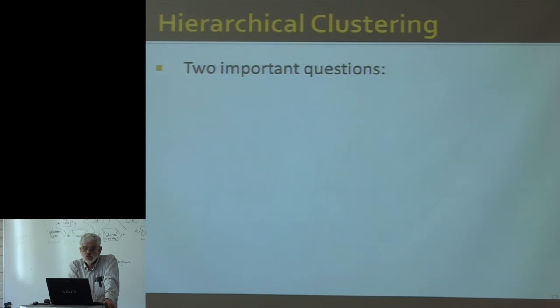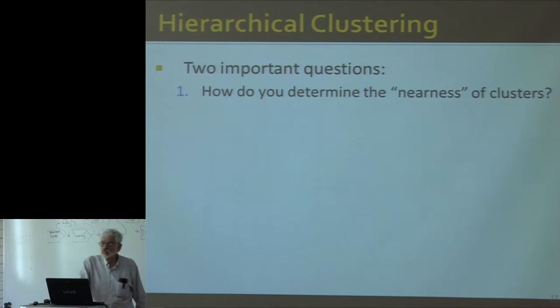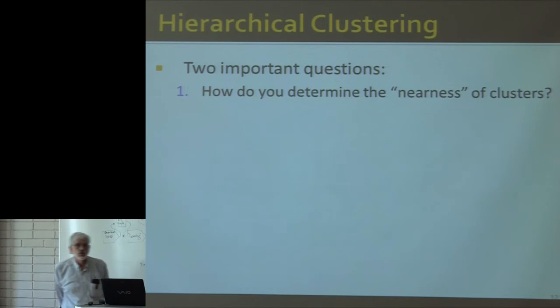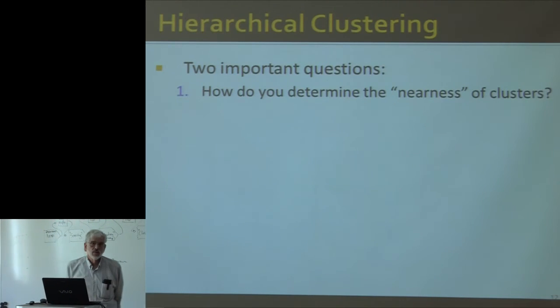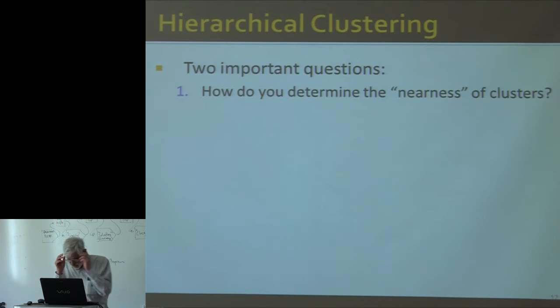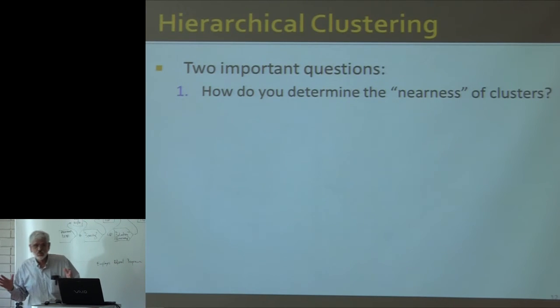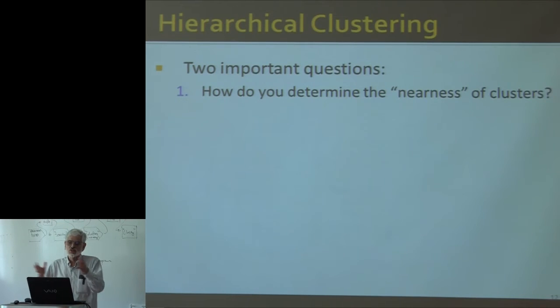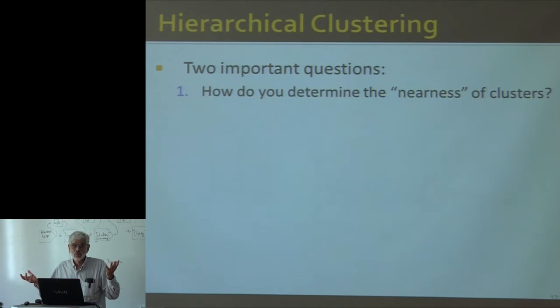Now, there are at least two things I have to worry about. First of all, what's my definition of the nearness of clusters? Here's part of the problem: there have been hundreds and hundreds of papers about clustering written, and they each have a slightly different idea of an answer to, for example, what makes clusters near. And sometimes you can even find a data set where that makes sense.